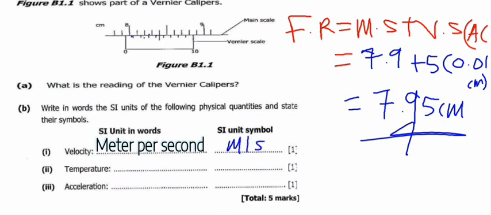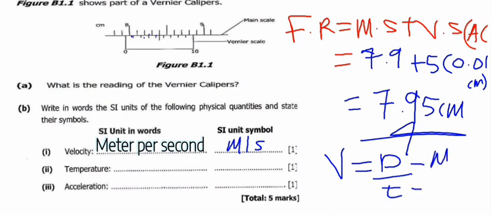Where is this one coming from? It is coming from this formula here. We know that velocity is equal to displacement over time. What you need to know here is that distance is measured in meters, time is measured in seconds, and division is the same as per.